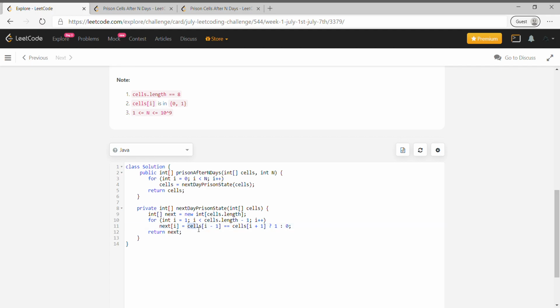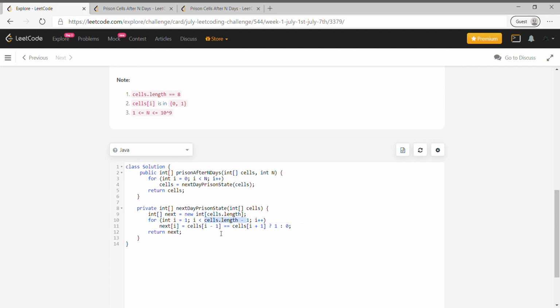So if cells of i minus 1 and cells of i plus 1 are both the same, then we need to update the current state of the cell as occupied, and if they are different, then we will mark it as vacant. So that's how we will do it for the given length of cells minus 1.